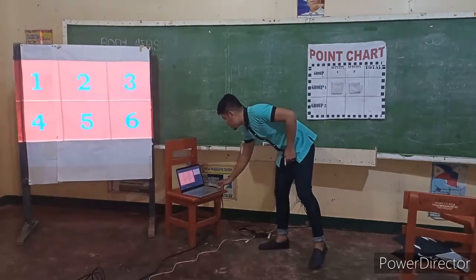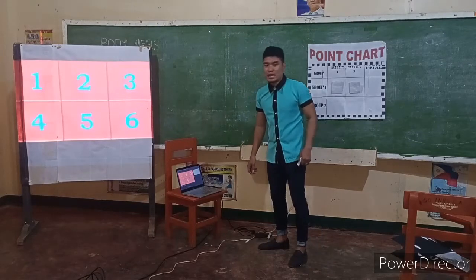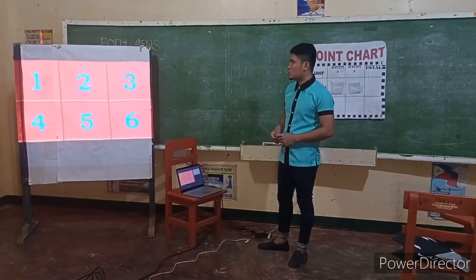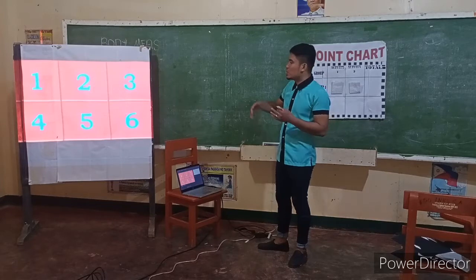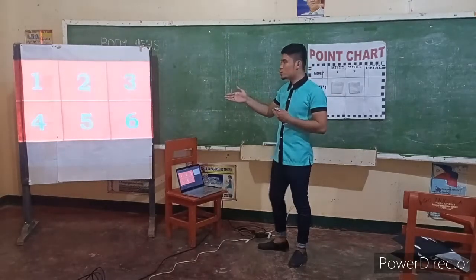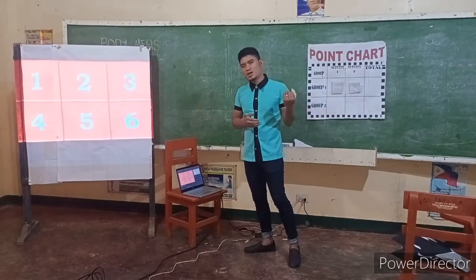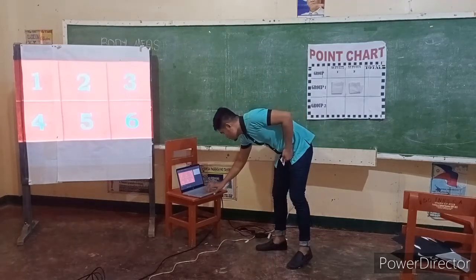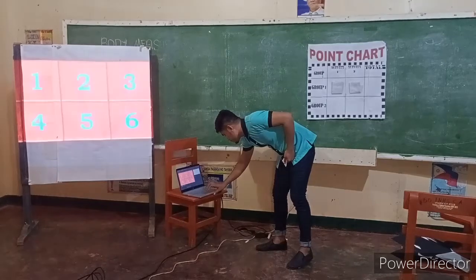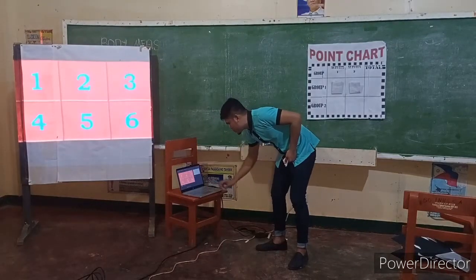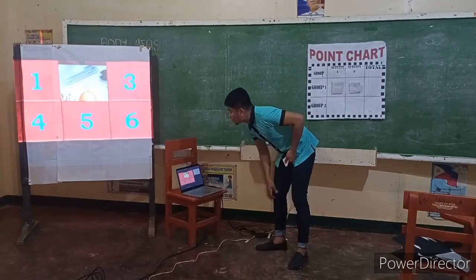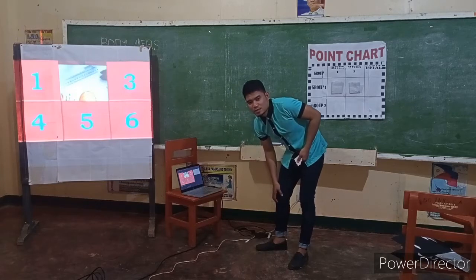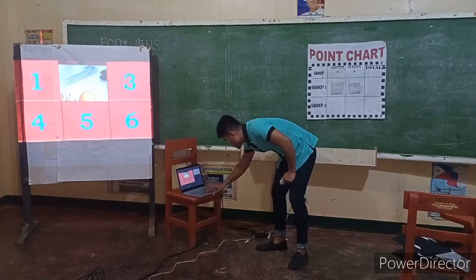Okay, so let's start. All you need to do is tell me what number you want to remove for you to guess what the picture behind this box is. What number do you want? Okay, number 2. Who can guess? Okay, let's try to remove another number.